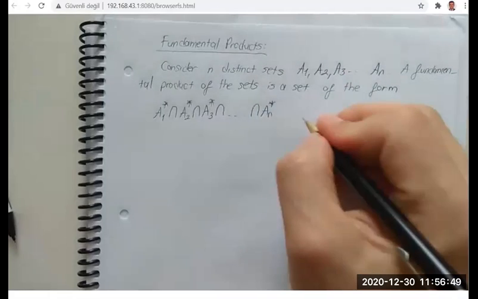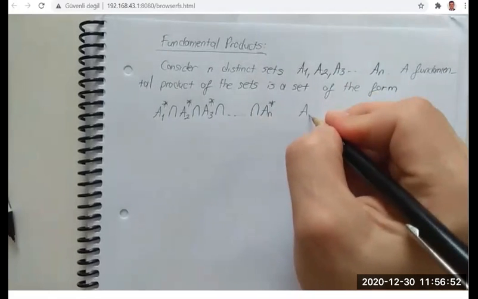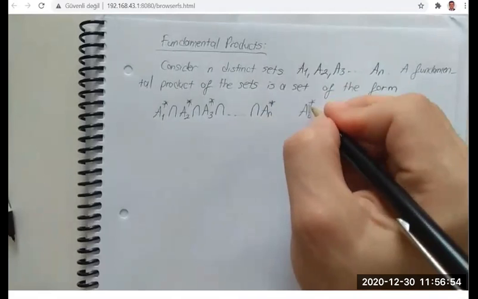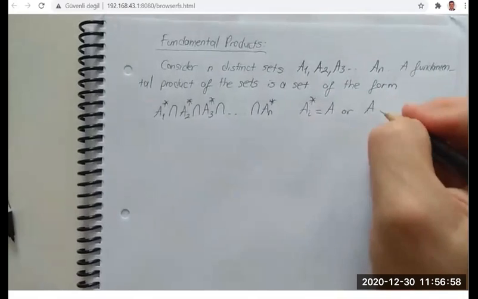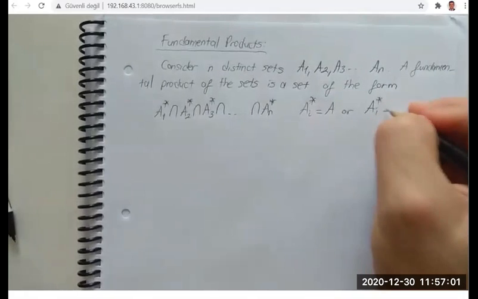So Ai star is equal to Ai, or Ai star is equal to Ai complement.